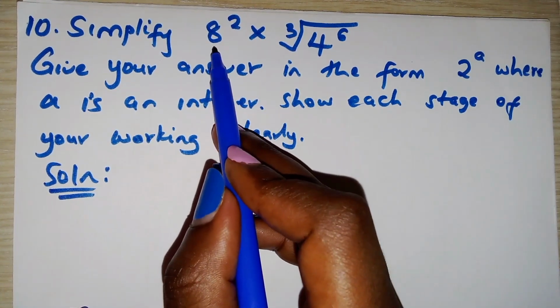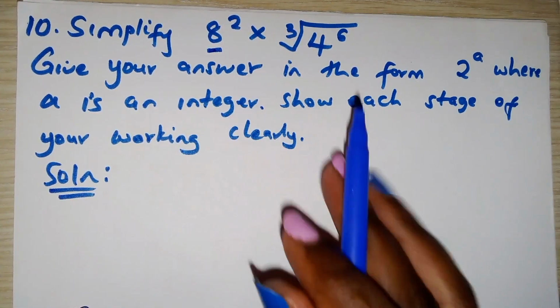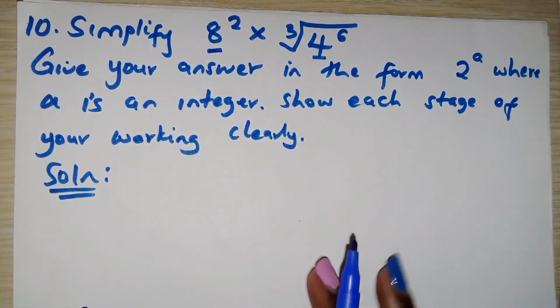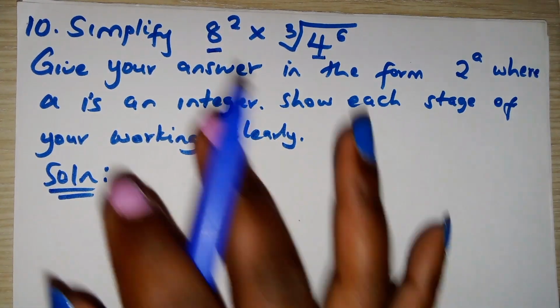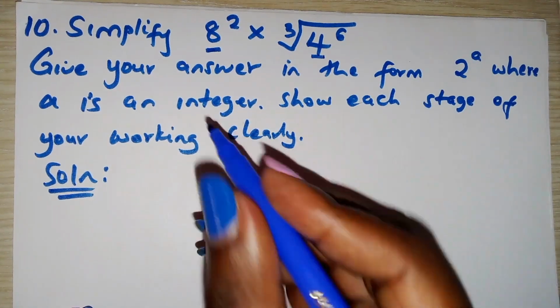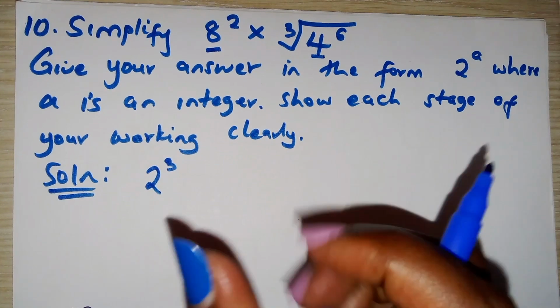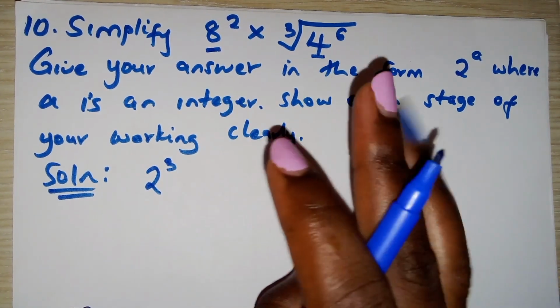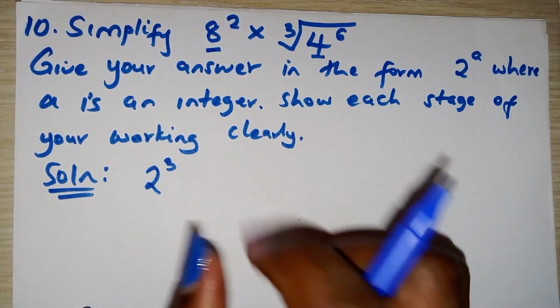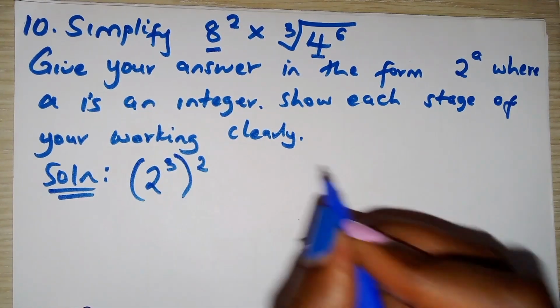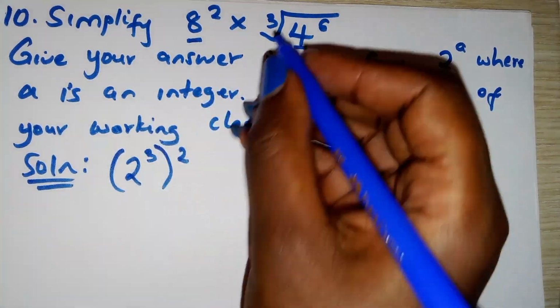Okay, so we can put 8 to the base 2, and we can also put 4 to the base 2, because we want the bases to be the same. So 8 is the same as 2 power 3, because 2 times 2 is 4, 4 times 2 is 8, so you need 3 twos. And then you put the 2 outside, bracket 2. Do the same thing for this one.